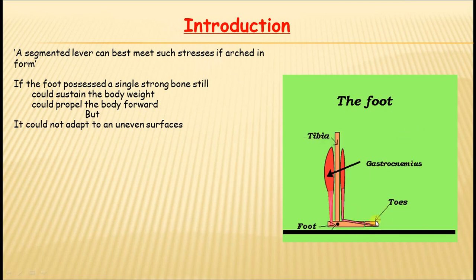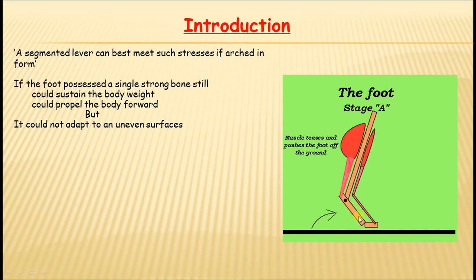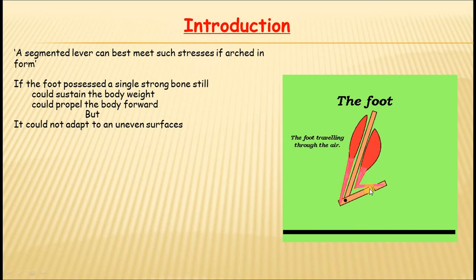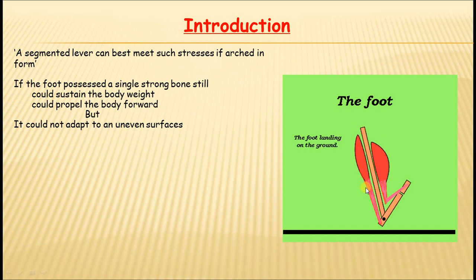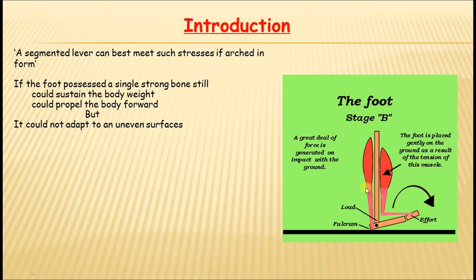Because there is a breakage of segments, especially in the forefoot, you are able to see this forefoot. The forefoot stress or propulsion is taken care of by the long tendons, the flexor tendons and the extensor tendons, in raising your forefoot. Then again the flexor tendons will resist your forefoot.